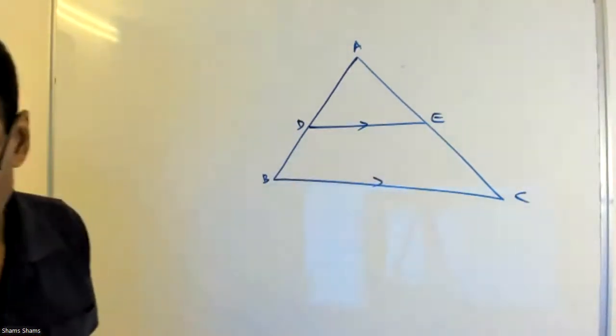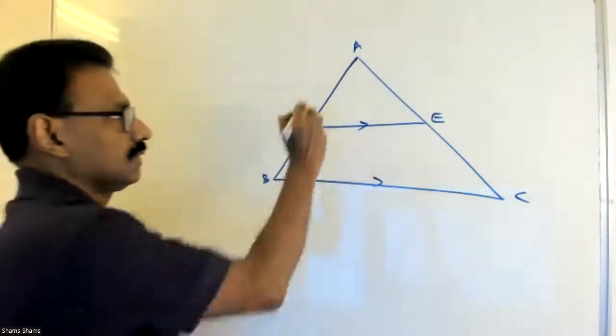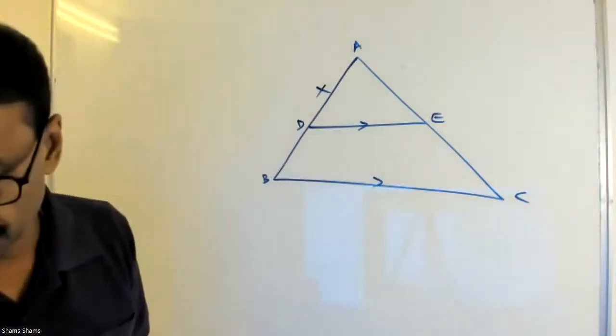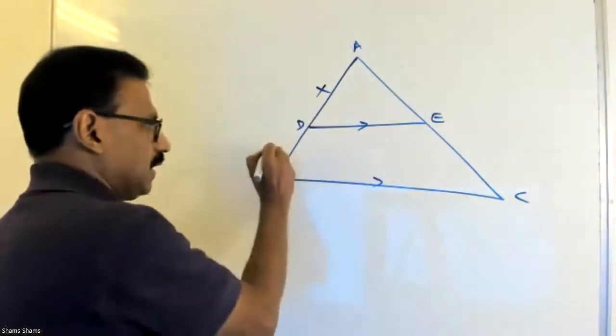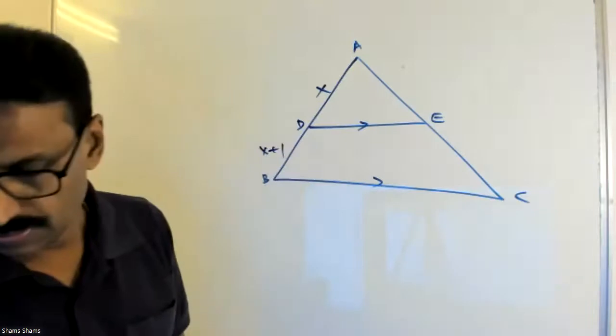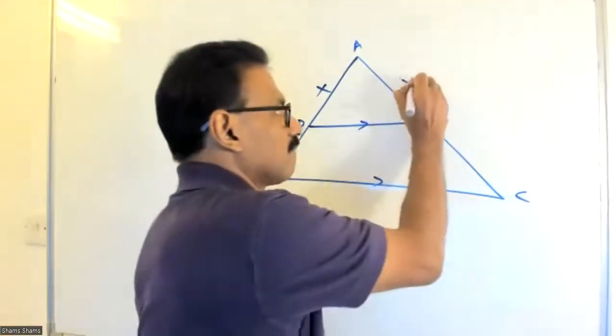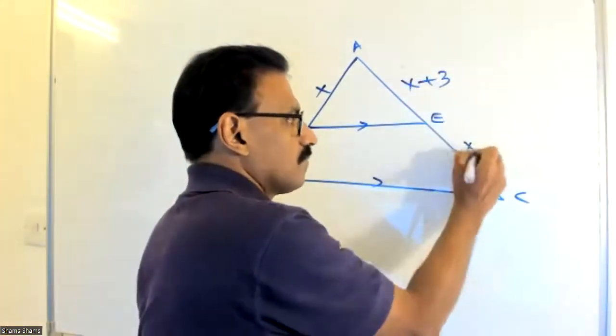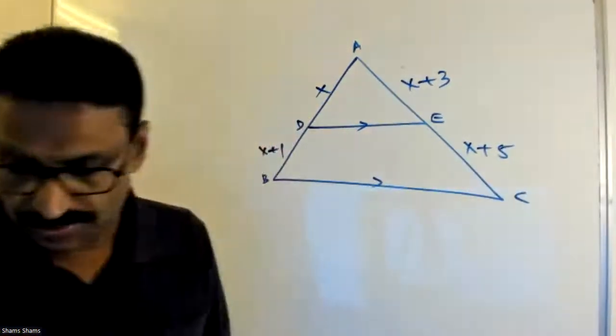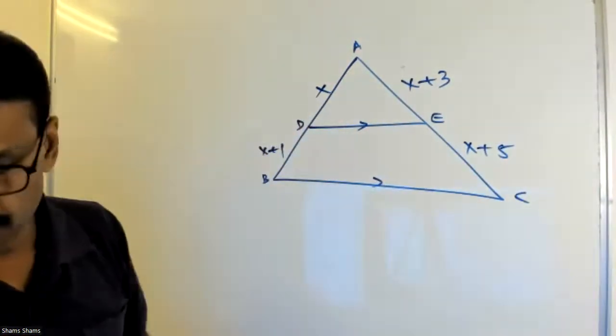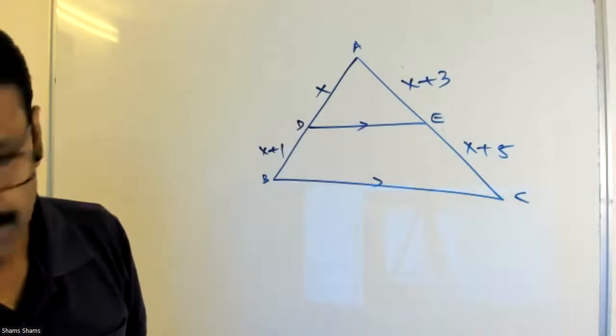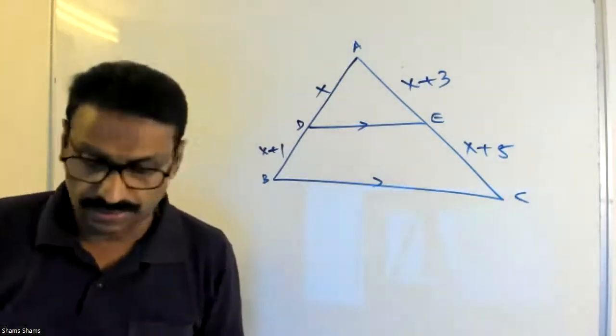Find the value of x. Here the sides are x plus 1, x plus 3, x plus 5. Okay, try now.